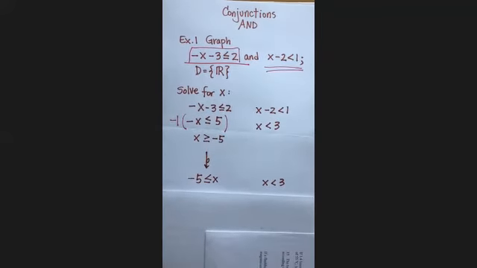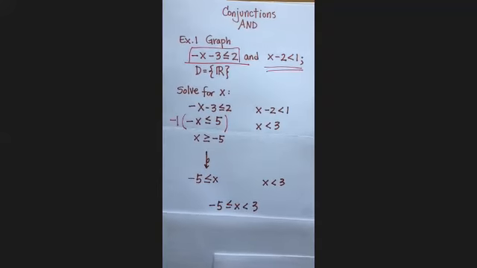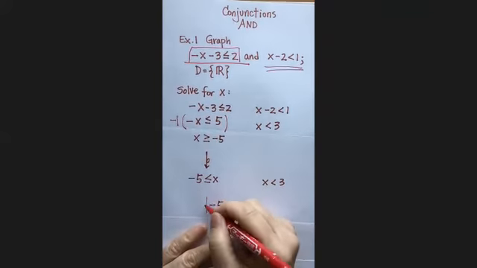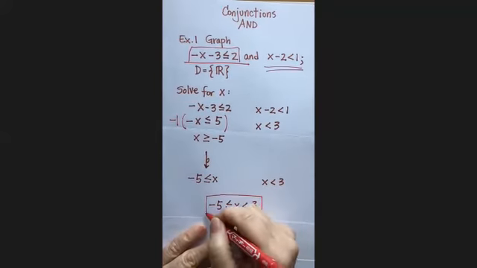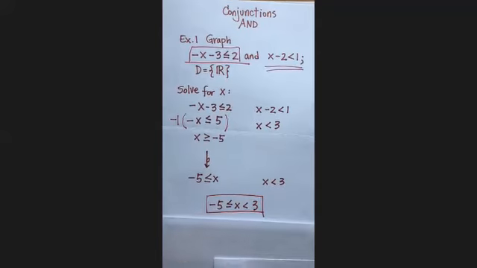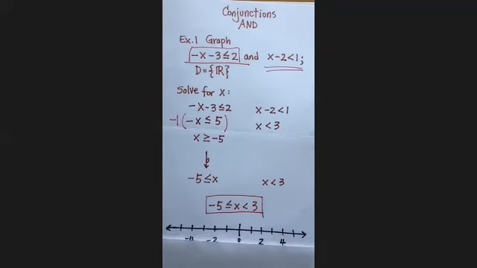So we're able to put together that conjunction as one expression: -5 less than or equal to x, which is less than 3. And so here's a number line that I've prepared.